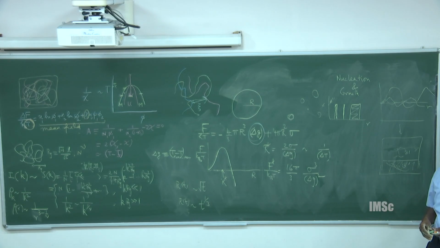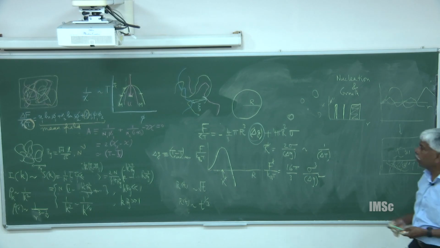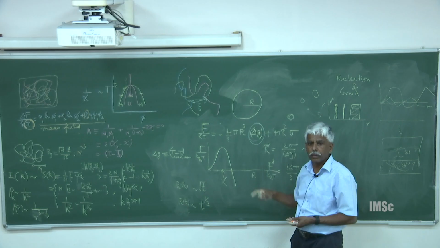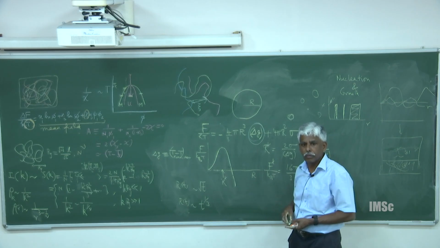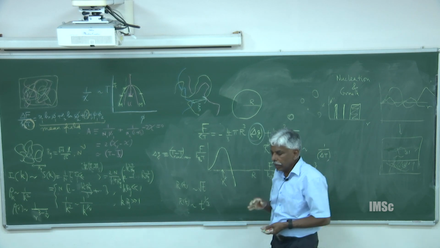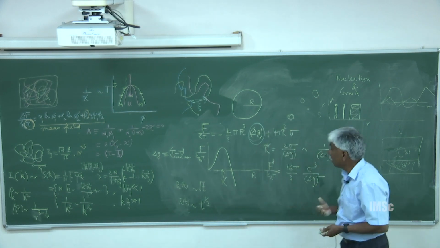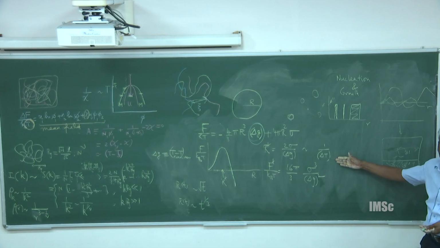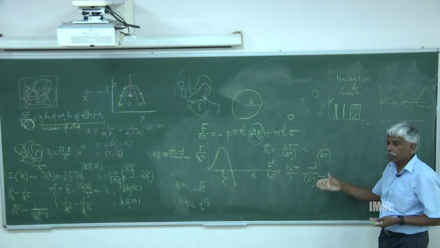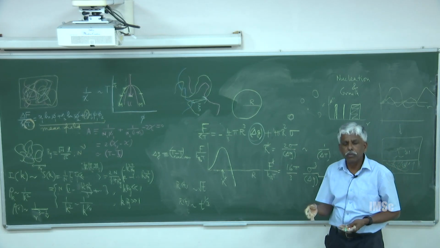I'm asking because, can we calculate the concentration needed to form this droplet? You can calculate, because you can write delta G in terms of your concentration. See, delta G I am telling in terms of temperature, delta T. Instead of this, you could also tell in terms of supersaturation, in terms of concentration.